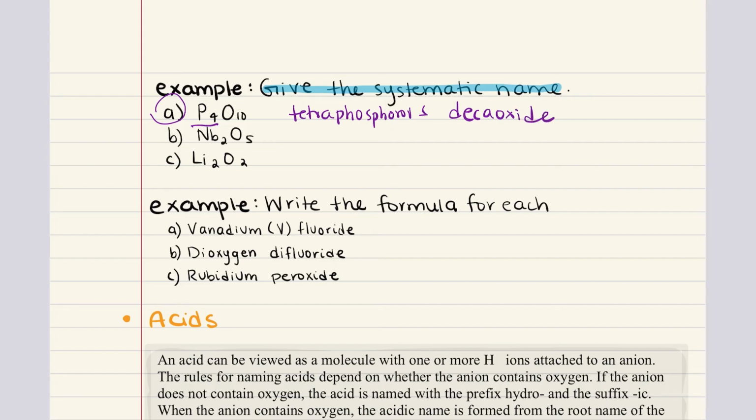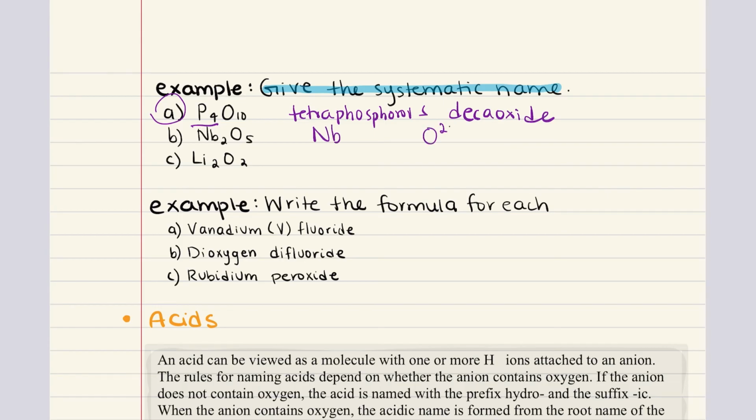Then we have Nb2O5. Niobium is what that first atom is, and then we have oxygen. Now, this is a binary compound, and we have a metal present, and this metal is a transition metal, so it can have different cation forms. So we're going to follow type 2 binary compound nomenclature for this. Let's write this down. What we have is Nb. We don't know what the charge is, but we have oxygen, O2 minus. Let's figure this out.